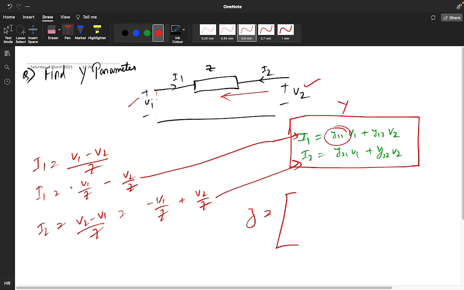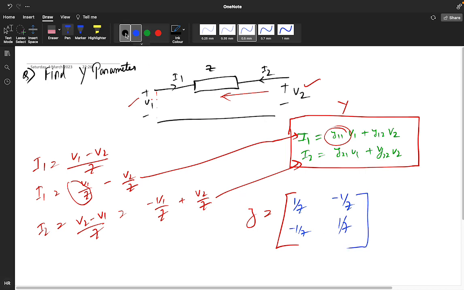Y11 is 1 upon Z. Y12 is minus 1 by Z. Y21 is minus 1 by Z. And Y22 is 1 upon Z.